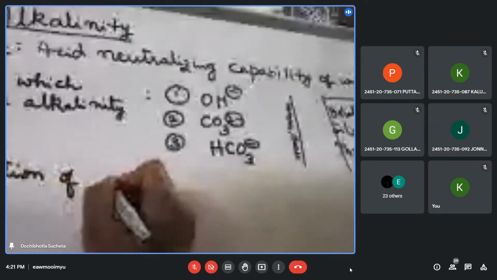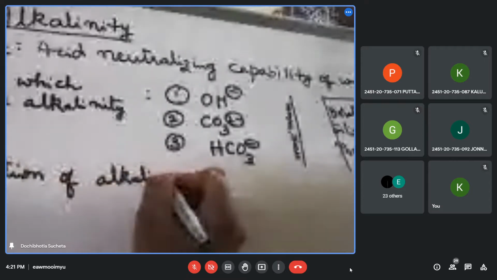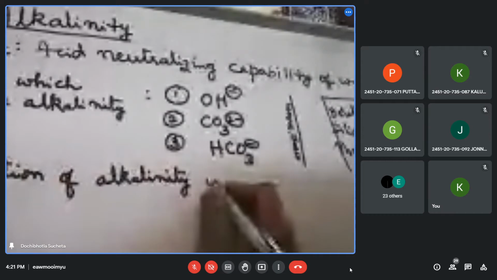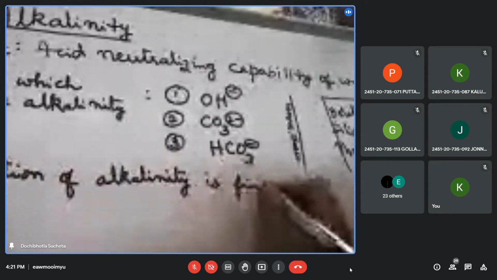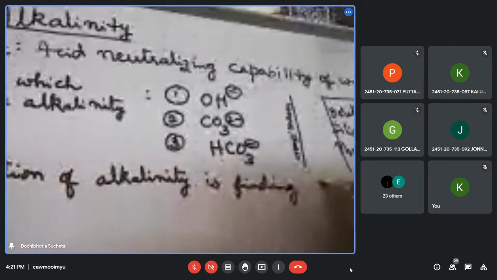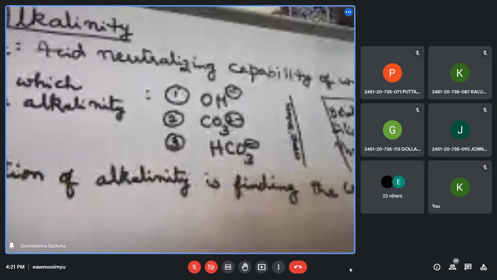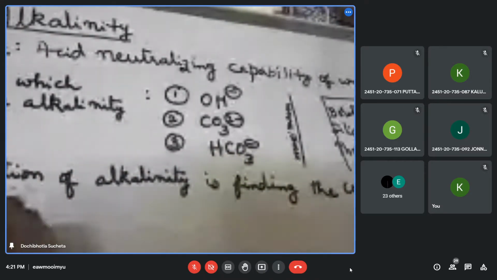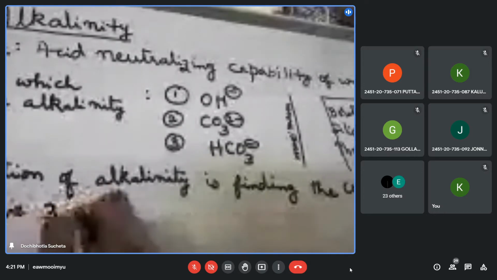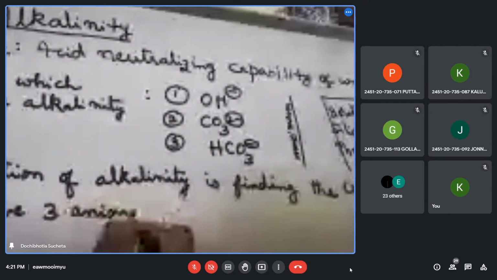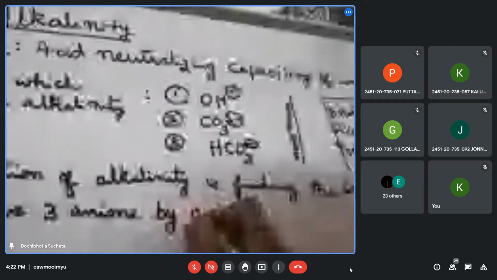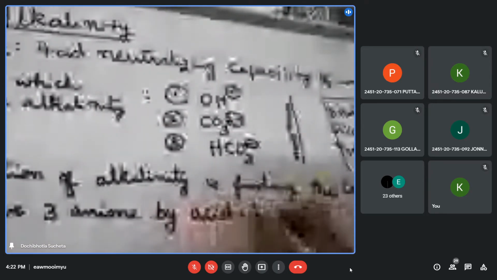Estimation of alkalinity is finding the concentration of the above 3 anions by acid-base titration.